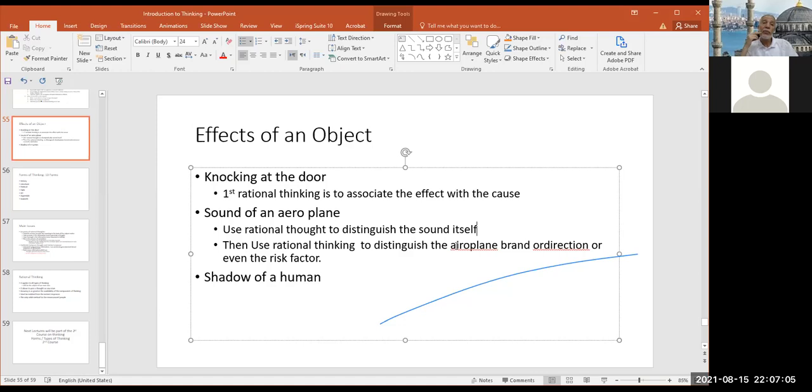Let's say I have previous information that 10 minutes ago, I heard from BBC News that an airstrike had been launched from, let's say, the Israeli or Jewish state Air Force base directed at the northern part of Jordan. But then after 10 minutes, I hear an airplane sound. From my knowledge and information, it is an airplane that is a jet fighter.